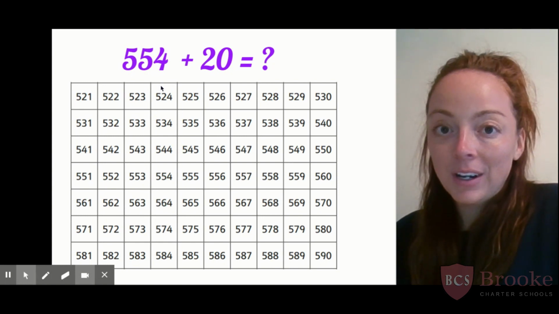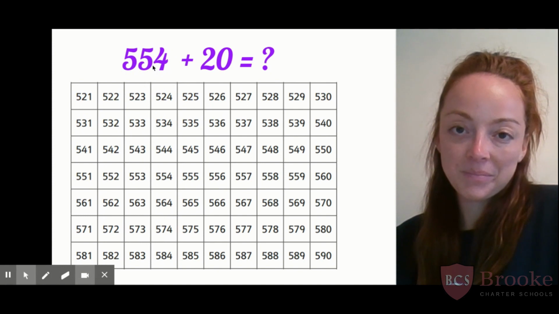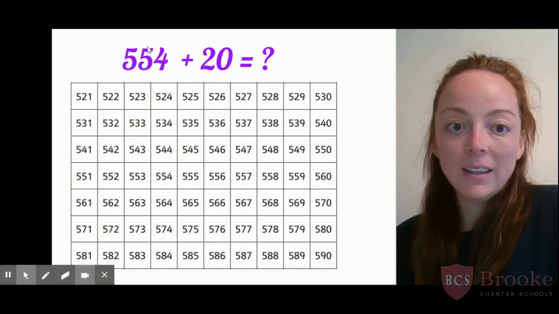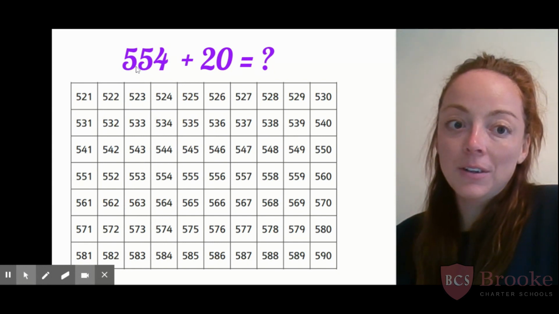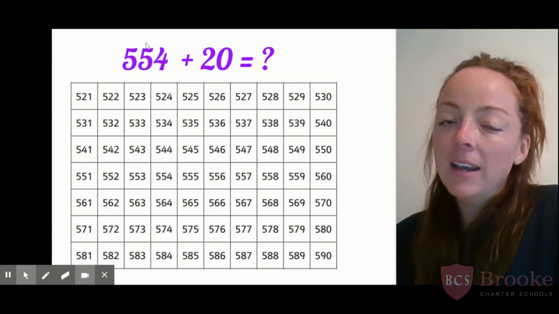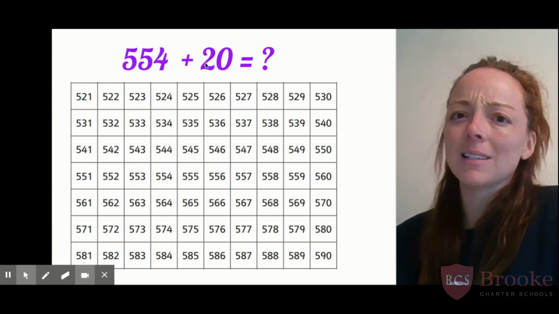That's right, 2 more. How many 10s are in 554? Good, there are 5. I know because there's a 5 in the tens place. So if I have 5 10s and then I add 2 more 10s, how many 10 sticks would that be?